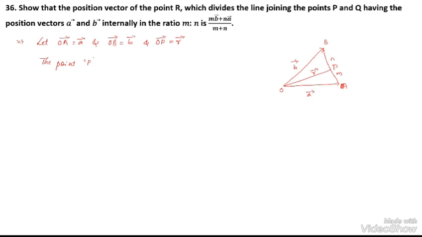There is a point P which divides the line joining the points A and B internally. Okay, internally.